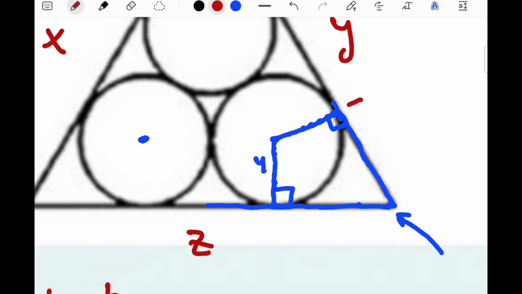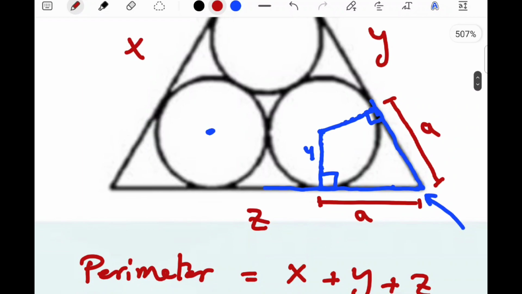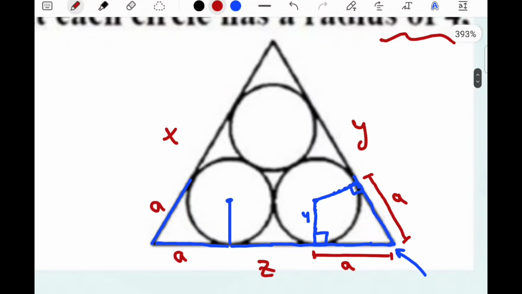So this side from here to here, let's say it's side A, and this one also has length A. Similarly, if you do this again, this line and this line are all equal. So this is A again because it's the same circle, same radius. This is A, and the same thing here.